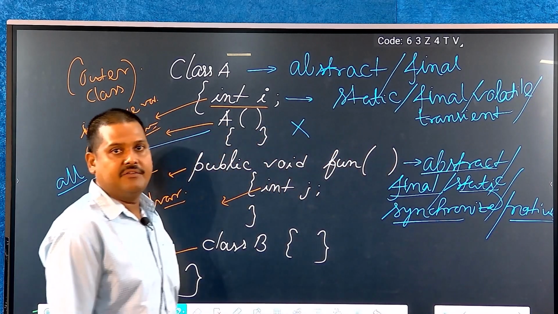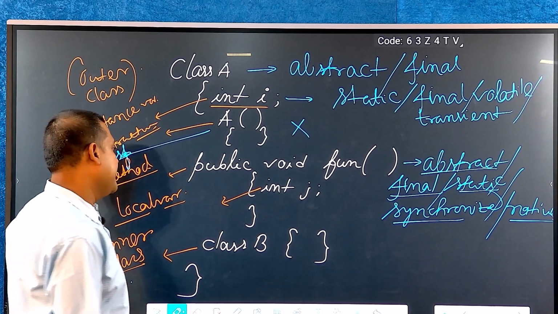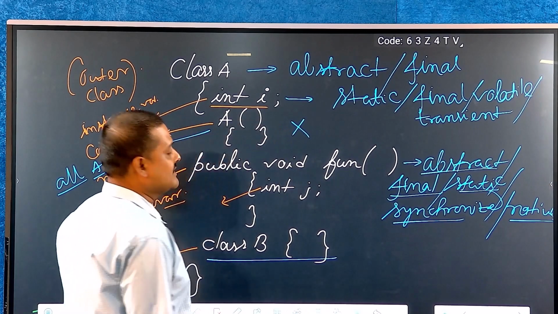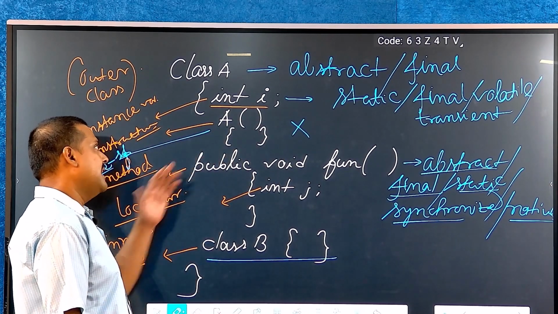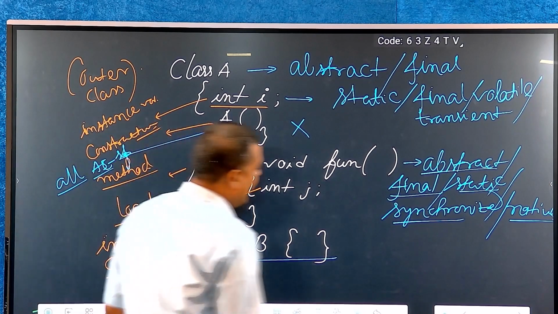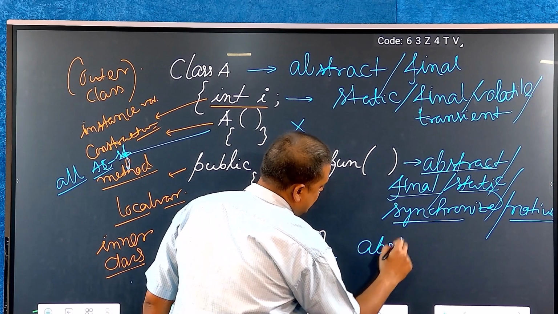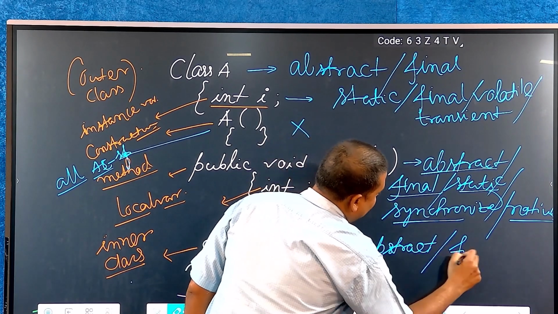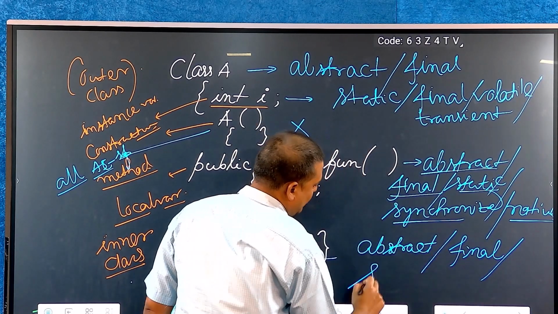These are the different non-access specifiers a particular method can have. There is a class called the inner class, which is present inside class A. This can have the non-access modifiers abstract, or final, or synchronized.